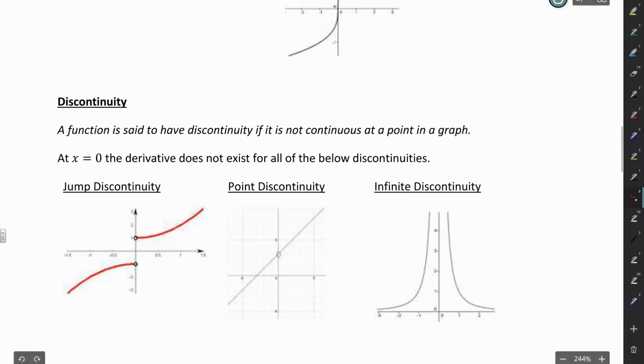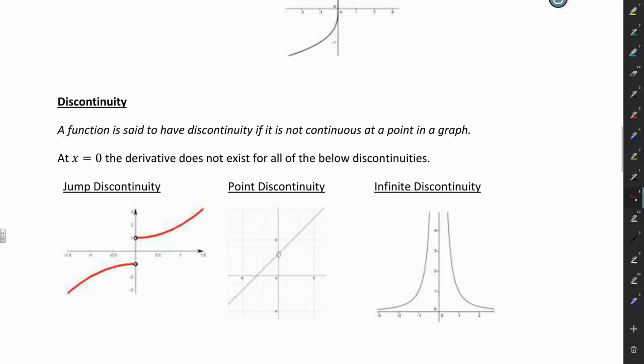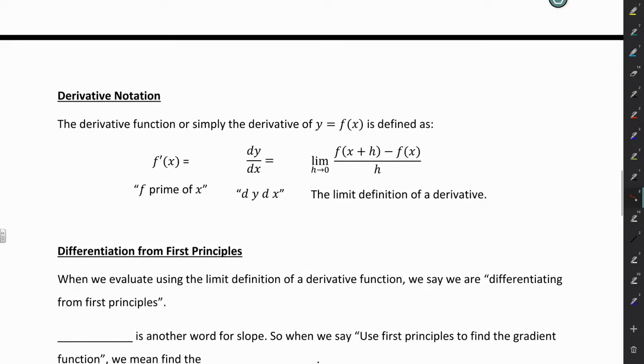And then the last case is infinite discontinuity, where we have a vertical asymptote and we have a discontinuity with that break because of that vertical asymptote. On this graph at x equals 0, the derivative does not exist. All right, so the derivative will not exist at a corner, at a vertical tangent line, or at any of these three discontinuities.